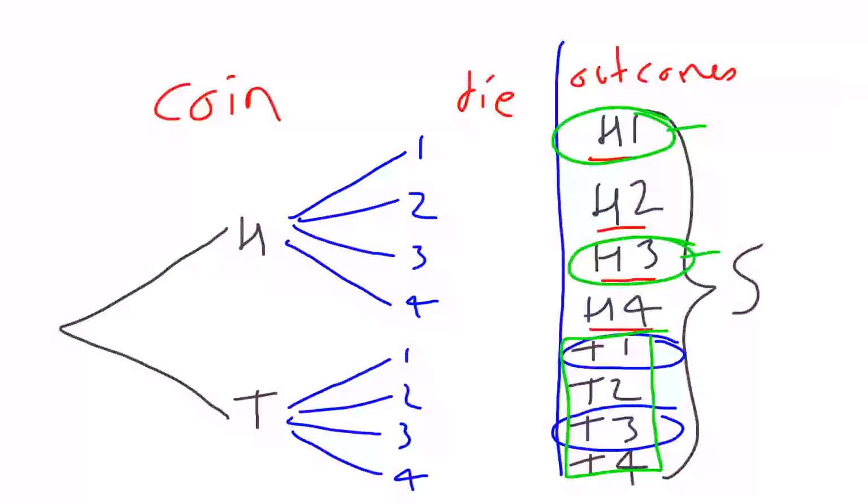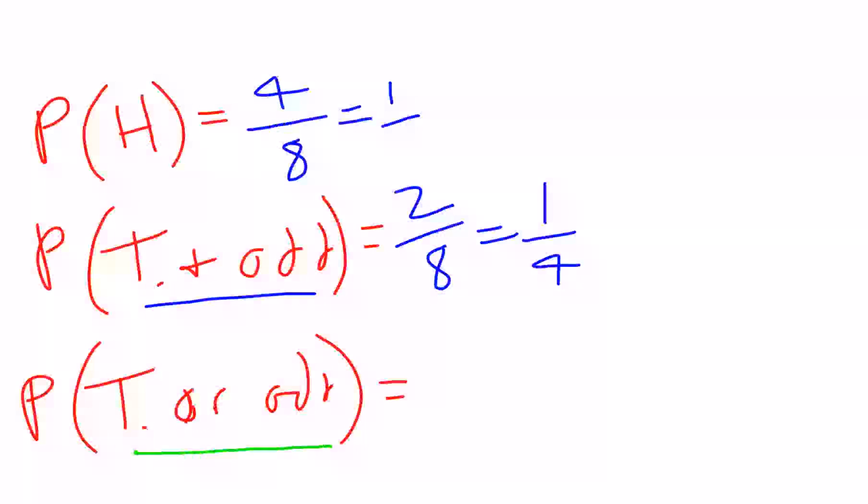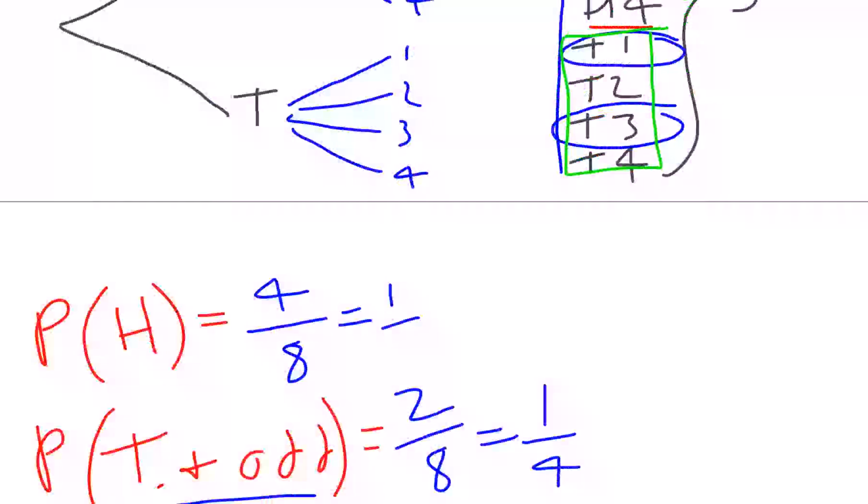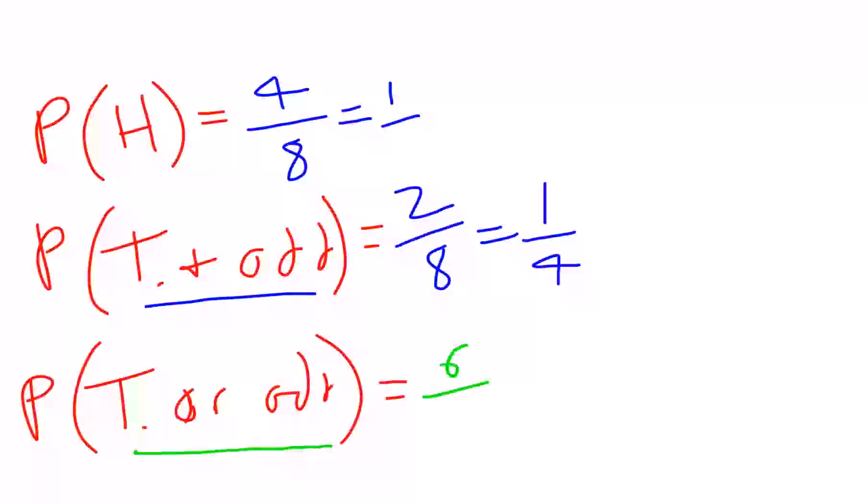So tails or an odd number says I'm quite happy with those. What did I have? 6 outcomes out of 8, which simplifies. 2 goes into both of them, 3/4. So the difference between and or is very important in these questions.